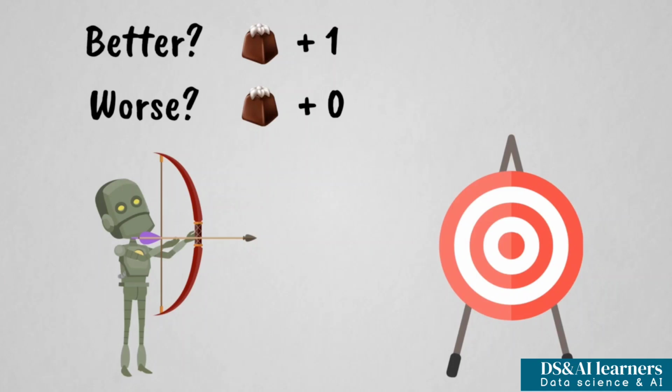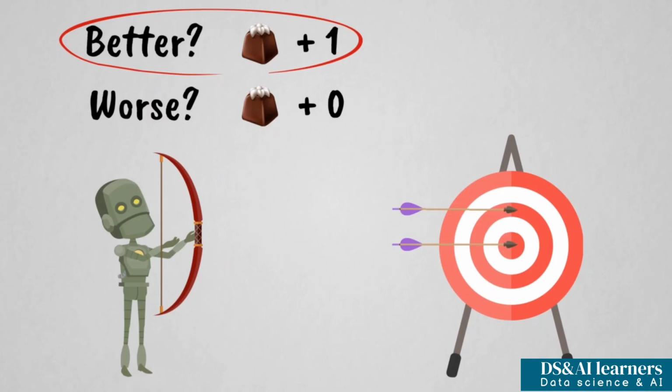If you put yourselves in the shoes of the machine, you'll be reasoning in the following way. I fire an arrow and receive a reward. I'll try to figure out what I did correctly, so I get more chocolate with the next shot. Or, I fire an arrow and don't receive a reward. There must be something I need to improve for me to get some chocolate on my next shot.